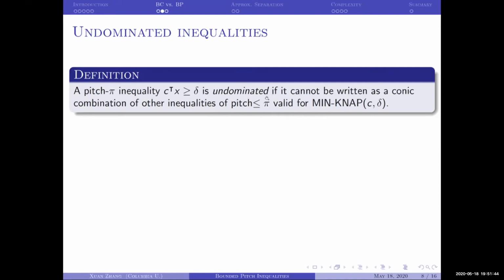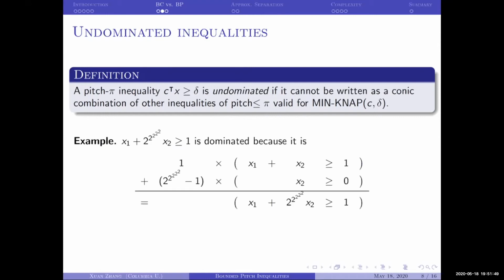It's a kind of convoluted definition, but it will be easily seen through the example. So the absurd example I talked about earlier, this inequality is actually dominated because it can be written as a conic combination of 2 other inequalities, which are more like what you normally see for constraints. And these 2 can be easily seen through some combinatorial arguments that are valid for the min-knapsack instance that is defined by this inequality here.